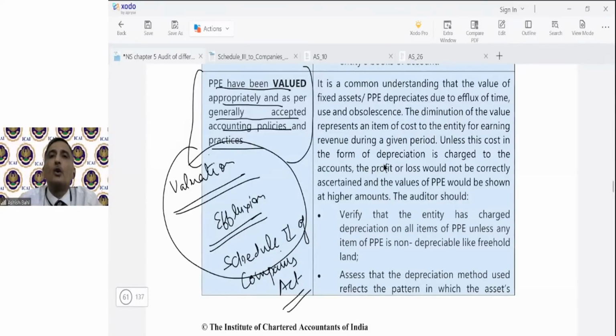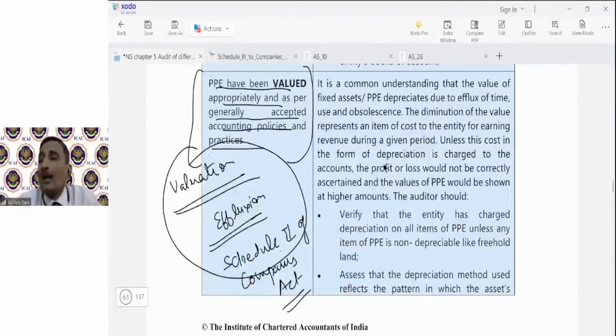ओके. तो शेड्यूल 2 ऑफ कंपनीज एक्ट में यूजफुल लाइफ बताई गई है डिफरेंट एसेट्स की, लाइक से फॉर बिल्डिंग्स, फॉर फैक्ट्री बिल्डिंग्स, ओके, फॉर मशीनरी, for certain specified machineries, for general machineries which have not been specified, it is stated to be probably 15 years. For motor vehicles, for furniture, it is 10 years. So these kind of things.